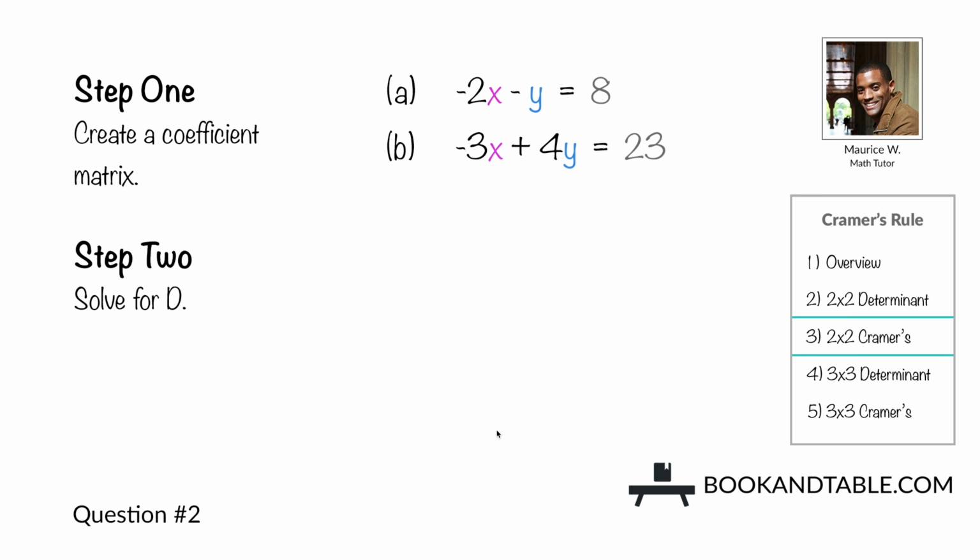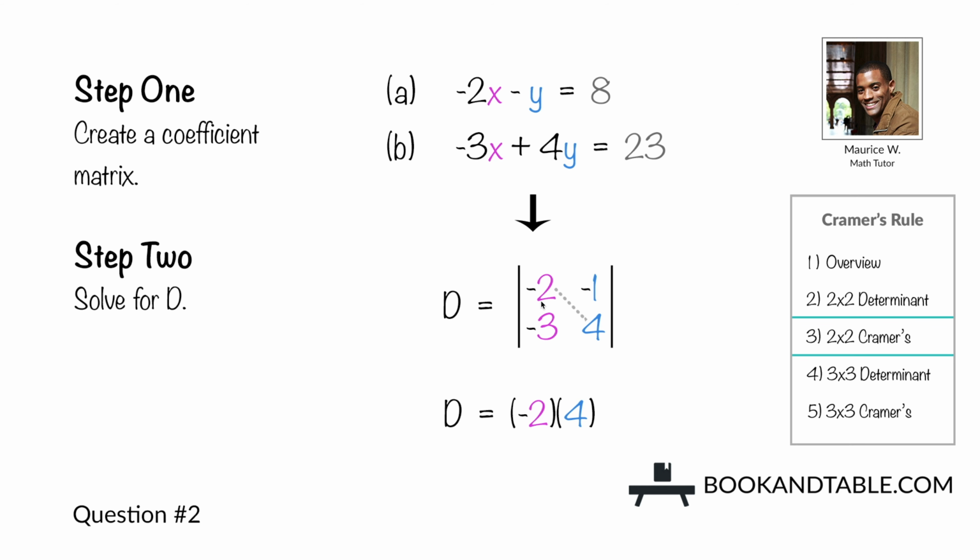Step 1, create a coefficient matrix. So the first column will be the coefficients of the x terms, which would be negative 2 and negative 3. The second column will be the coefficients of the y terms, negative 1 and positive 4. And now we can solve for d.